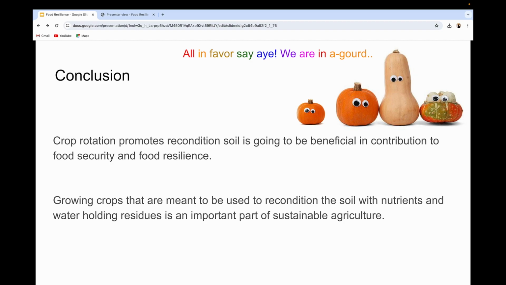And farmers can improve agricultural resilience and productivity while minimizing negative environmental impact. So, growing crops that are meant to be used for reconditioning of the soil with nutrients and water holding residues is important for our future in agriculture.